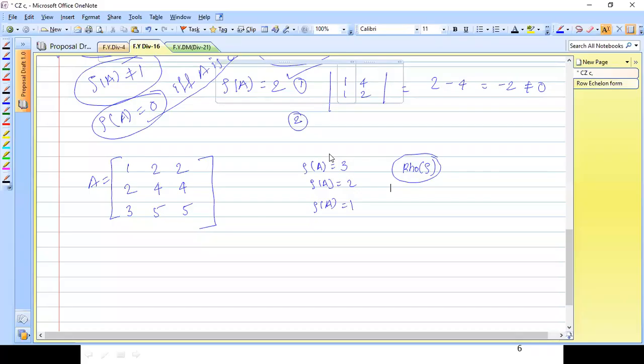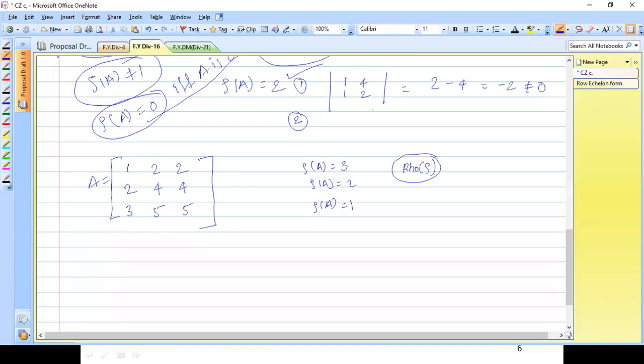No, sir. Okay, someone is saying rank 3. Let's check whether it is correct or not. For rank 3, we first need to find whether at least one minor of order 3 is non-zero.